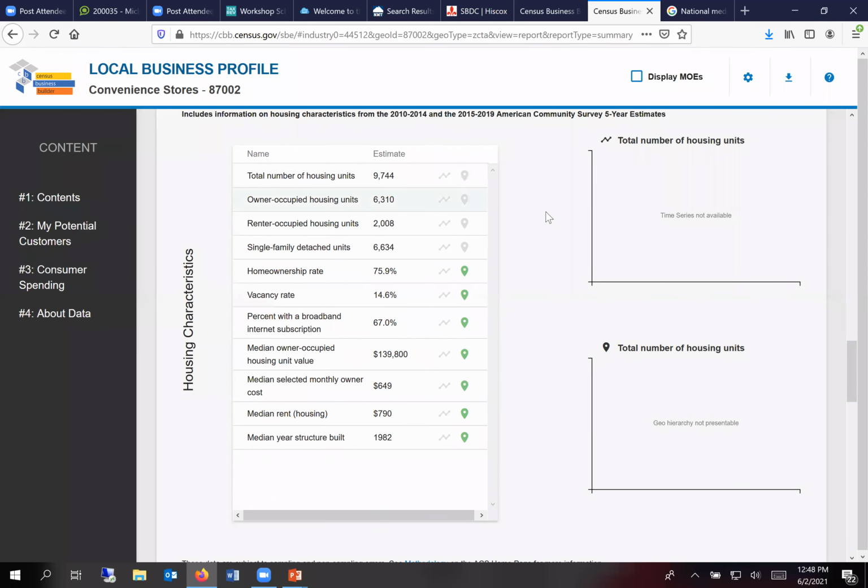Here are my housing characteristics. This is great information for my tradespeople. It talks about occupied housing units, the median price of an average occupied housing unit, which has gone up tremendously in this area, the cost to an owner. So if I wanted to go into a certain area and put up an apartment complex, maybe a ritzy one for seniors, maybe an affordable housing unit, I would probably want to go into a place where the rent is less expensive than owning a home.